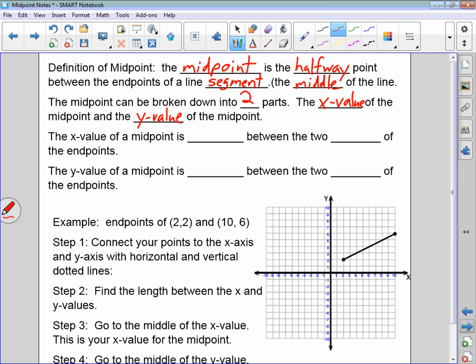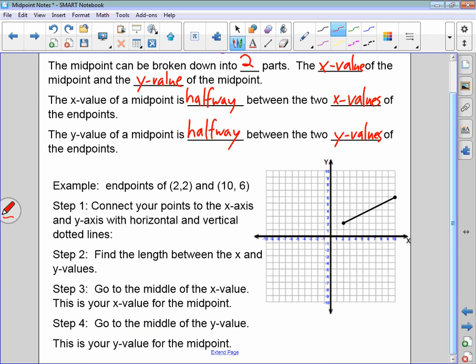The x value of a midpoint is halfway between the two x values of the endpoints. And the y value of a midpoint is halfway between the two y values of the endpoints. So we're going to go over a visual example of this right now.